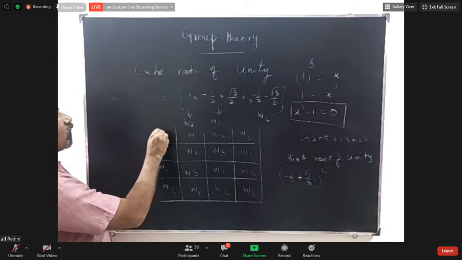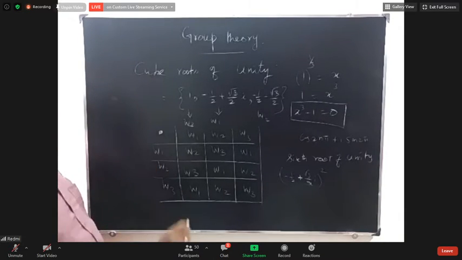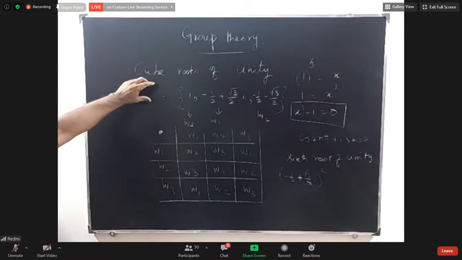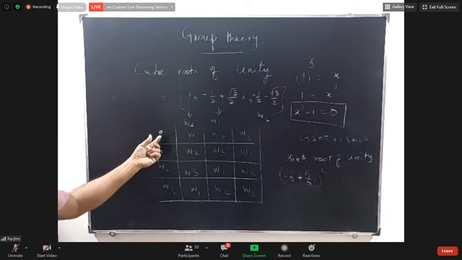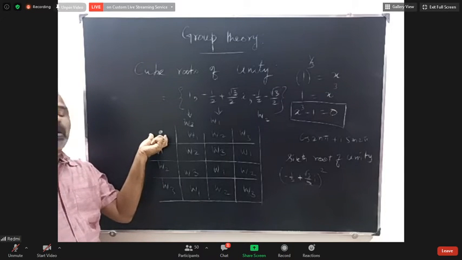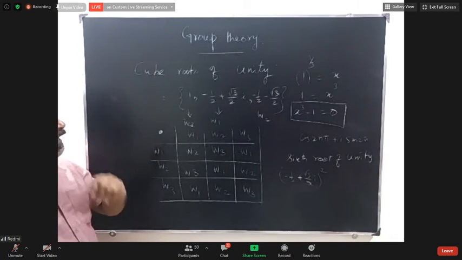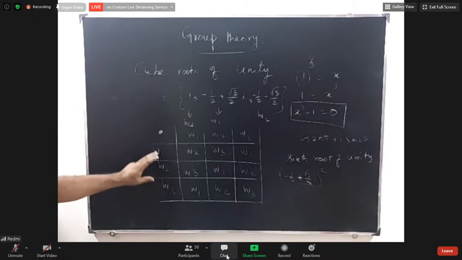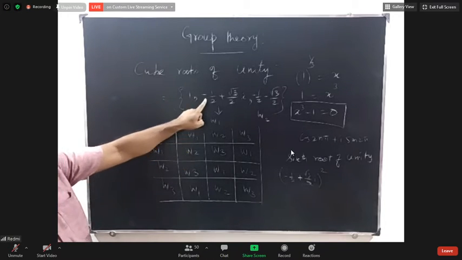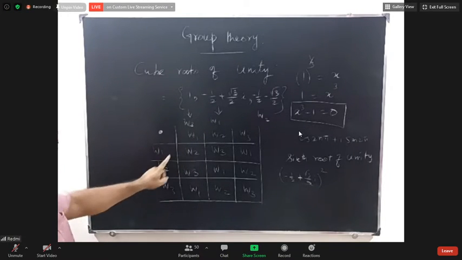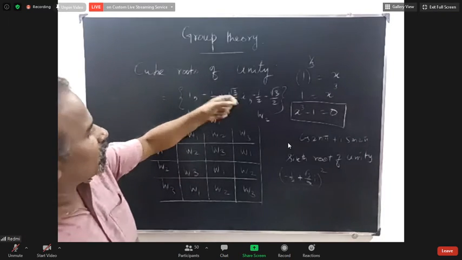So therefore I am considering this a non-empty set with a multiplication operation. So see that W1 into W2 is again W2. So therefore all products again belong to that.